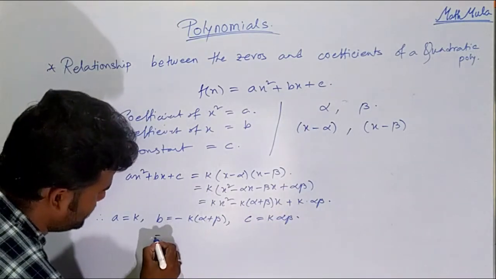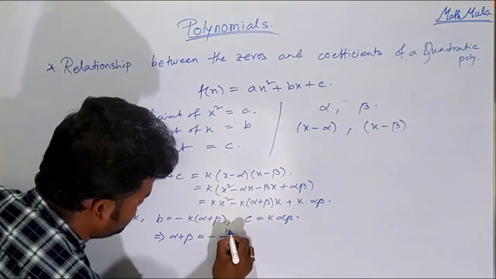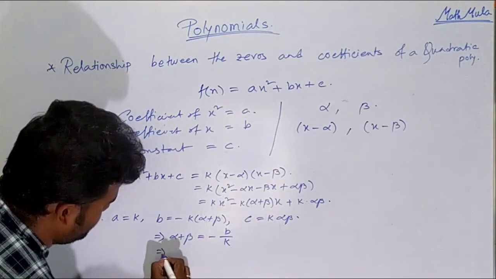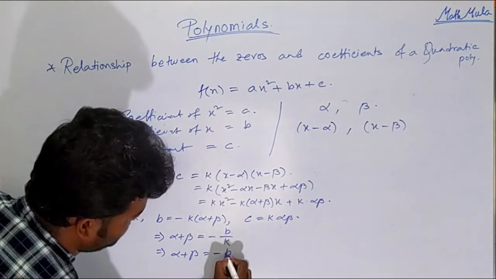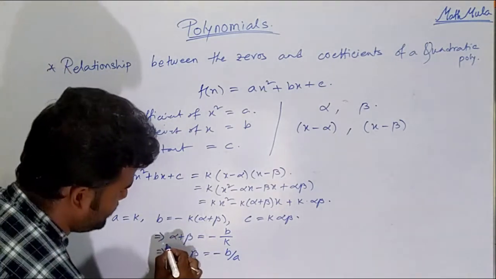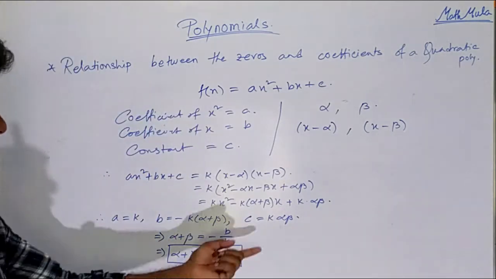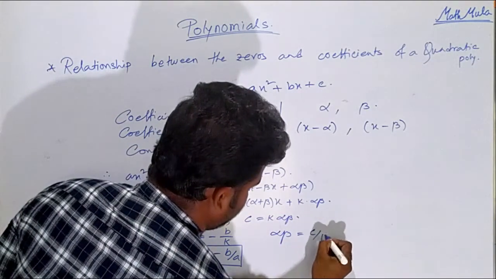From here we can write alpha plus beta is equal to minus b by k. Now alpha plus beta is equal to minus b by a because the value of k is a.